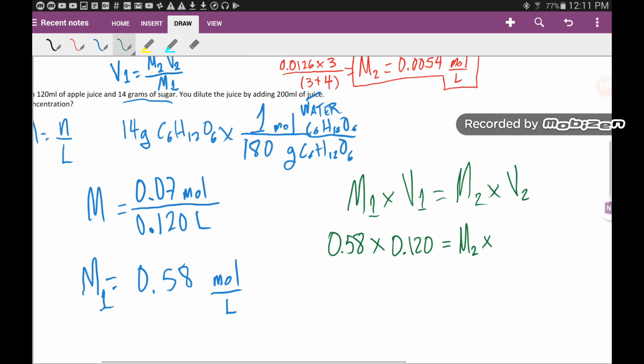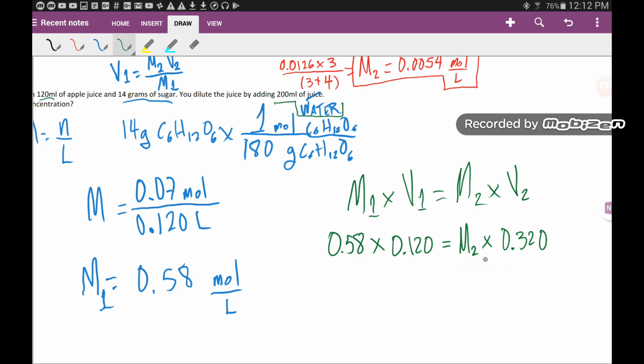Let's look at this. They're saying that you're adding 200 milliliters of water. We said that was going to be water. So we have to add 200 milliliters. 200 milliliters plus 120 milliliters gives you 320 milliliters. So volume 2 is going to be 0.320 liters.